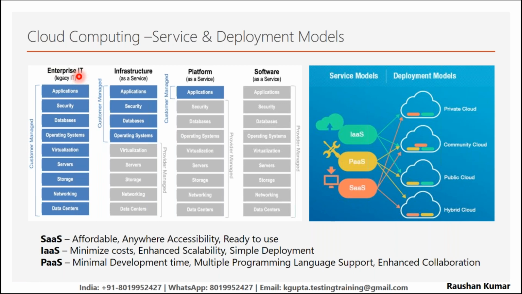You don't need to own anything, but you can have your application running securely. And there are various service models: infrastructure as a service, platform as a service, and software as a service. It depends on your requirement. You choose between them. So how do you make this selection?